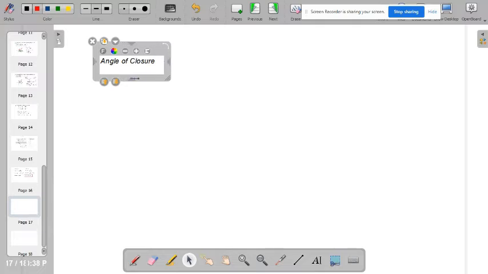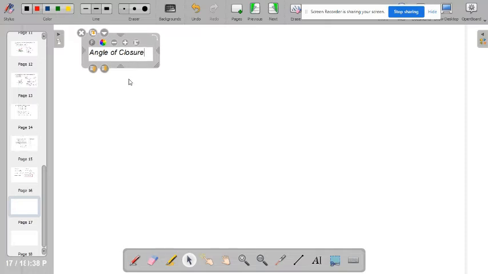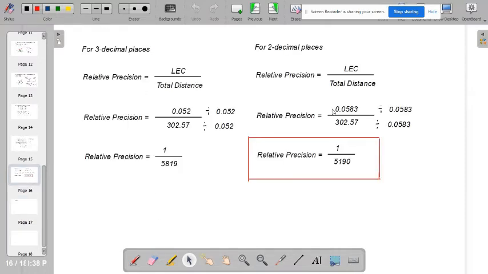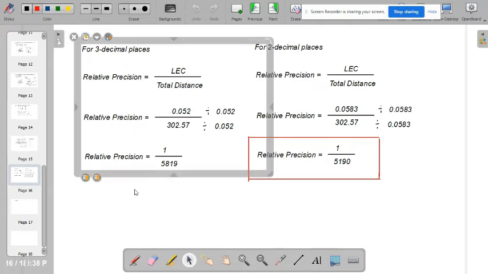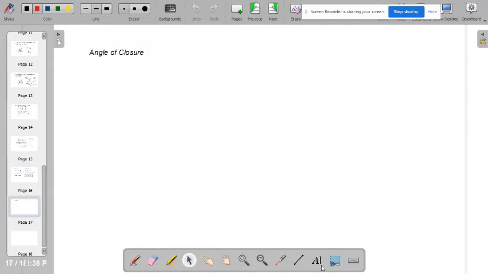So, we know that angle of closure is tangent theta, right? So, we use the 3 decimal places na naman. Okay.